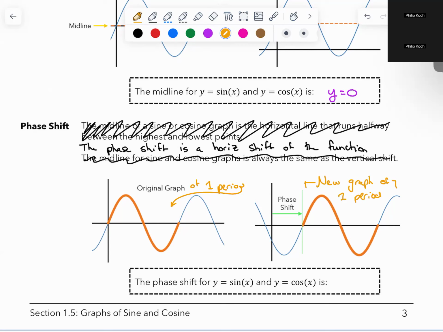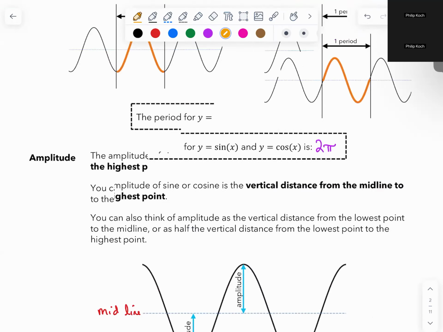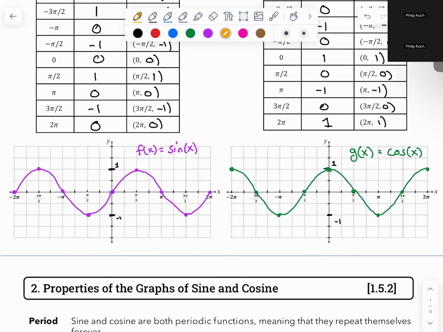So it is possible for your phase shift to actually end up making it exactly the same. So case in point, just going back to this picture here for a second.